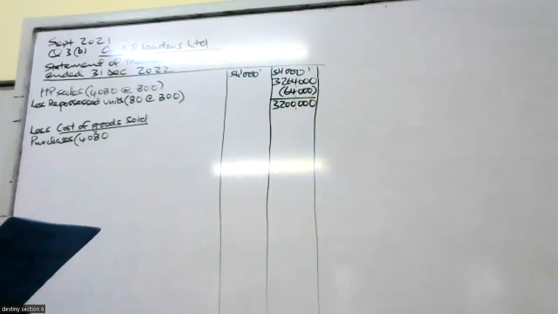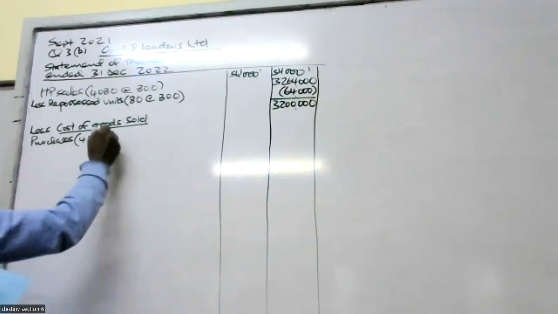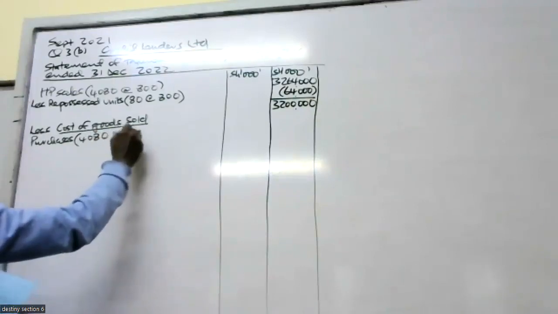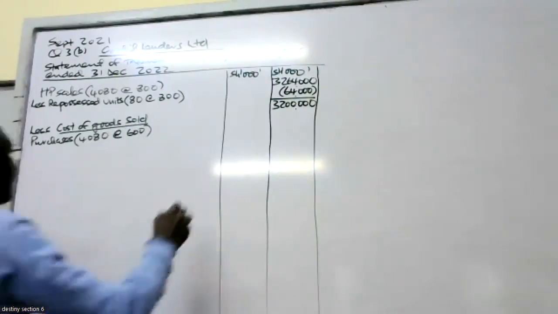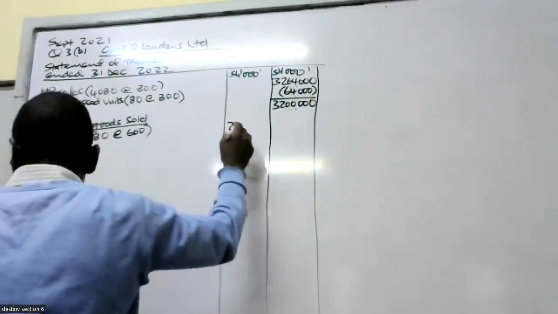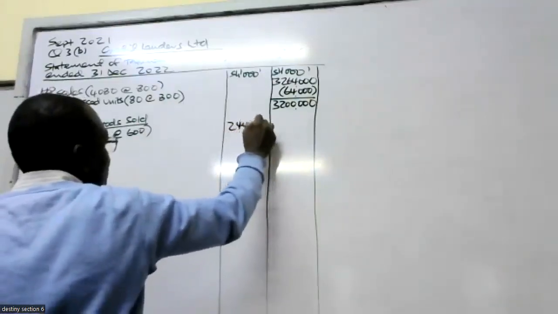The company purchased the machines at 600. So you can get the cost of the 4,080 units. This will give us 2,448,000.